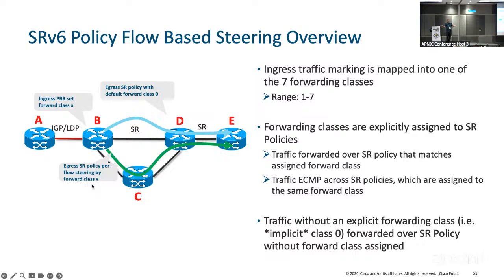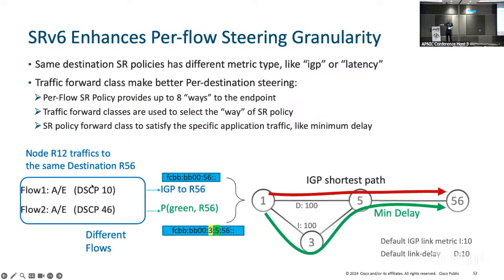SRv6 can do the same thing. What we are going to introduce here is we have an upper path, shortest IGP, and a bottom path, low latency. What you can do here is label the packets on the incoming side, on the ingress side, by marking.